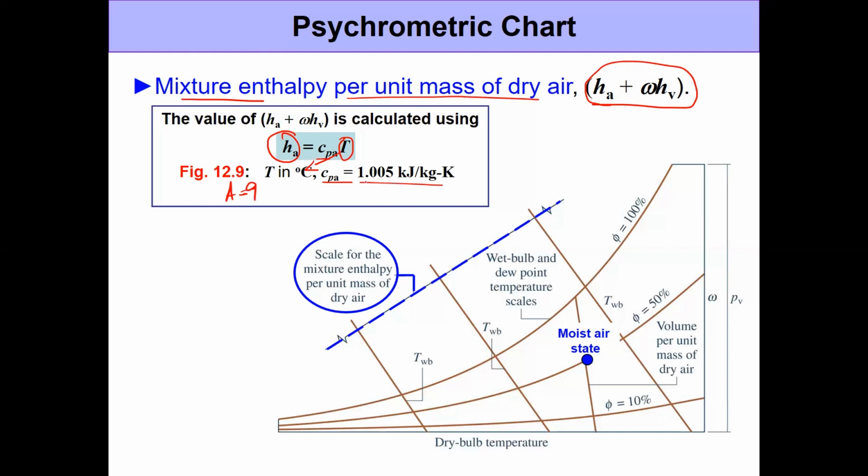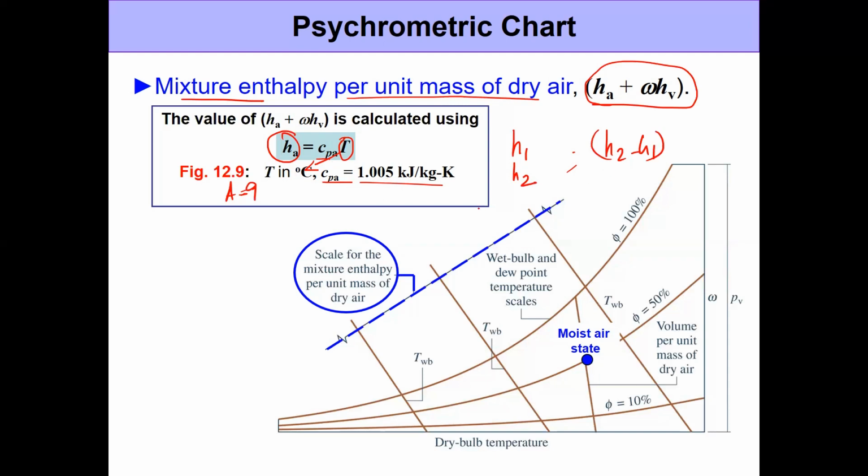Now, this is perfectly fine because for all our applications, we typically are not interested in the absolute value of enthalpy. You're not looking at the value of h1 or the value of h2. What we're looking for is h2 minus h1, for example. So it doesn't really matter whether you take the temperature in Celsius or Kelvin, as long as you're looking for a difference.